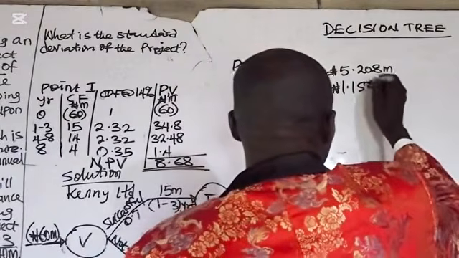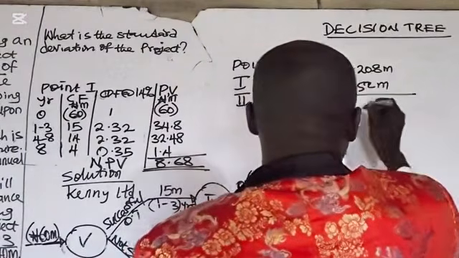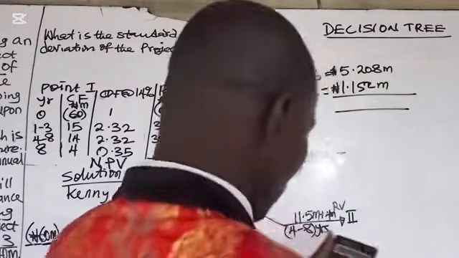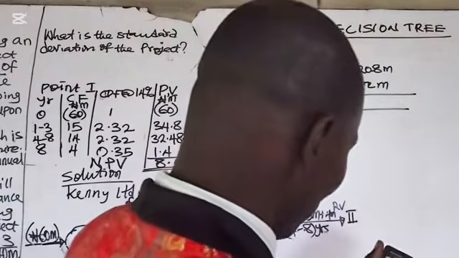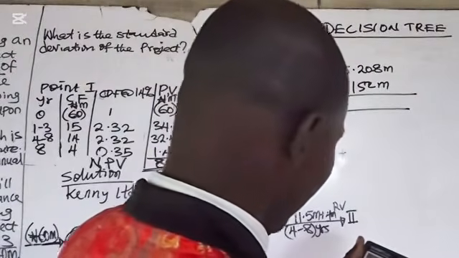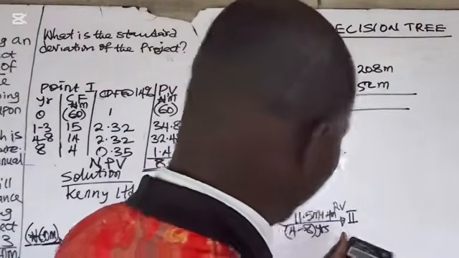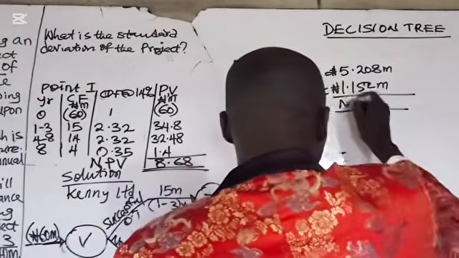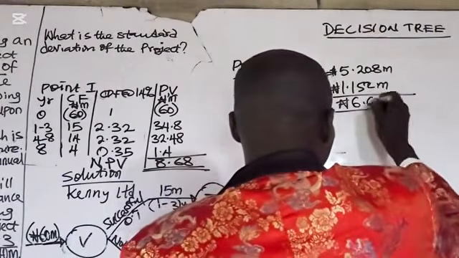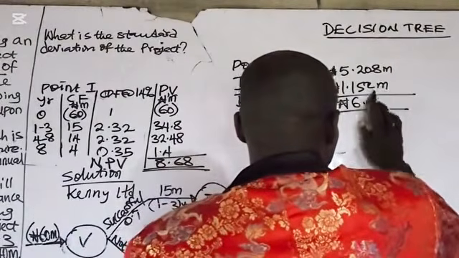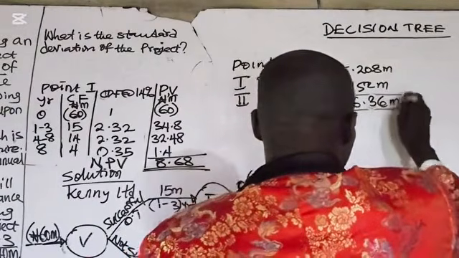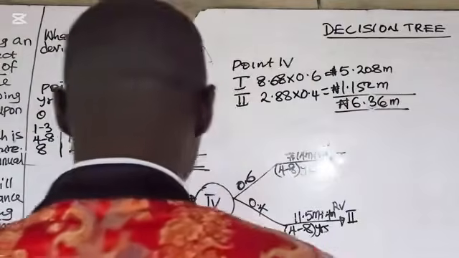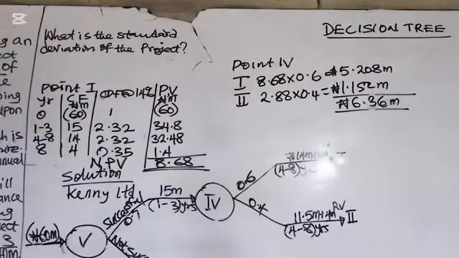So if you sum up the two expected values, 1.152 plus 5.208, that is a total of 6.36 million naira. So that is the value at point 4.